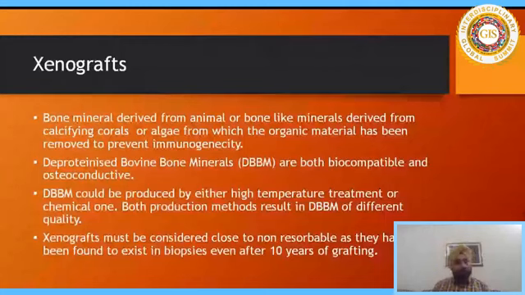DBBM could be produced by either high temperature treatment or chemical treatment. Both procedures result in DBBM of different quality. Xenografts are close to non-resorbable. They have been found to exist in bone biopsies even after 10 years of grafting. So when you use a xenograft, it never fully converts into native bone. It is never substituted fully.